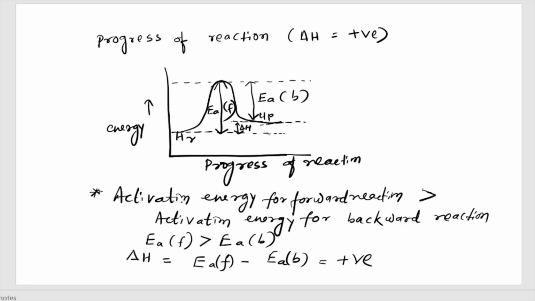Then come to the endothermic reaction where delta H is positive. Energy is on the y-axis, and progress of reaction is on the x-axis.